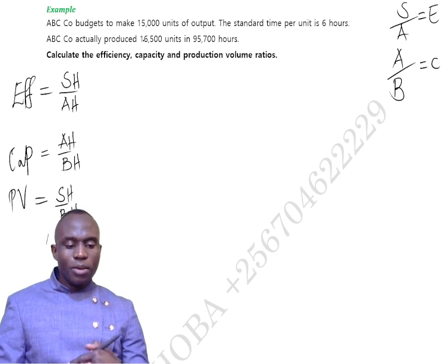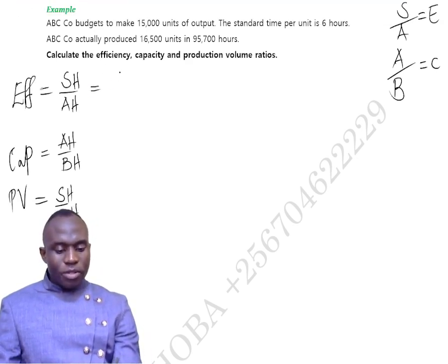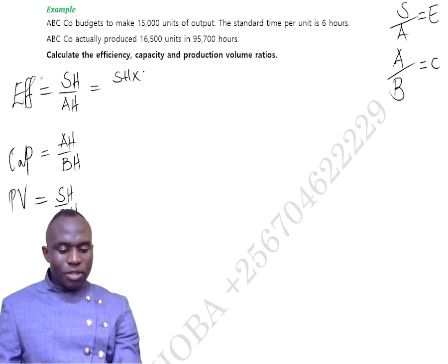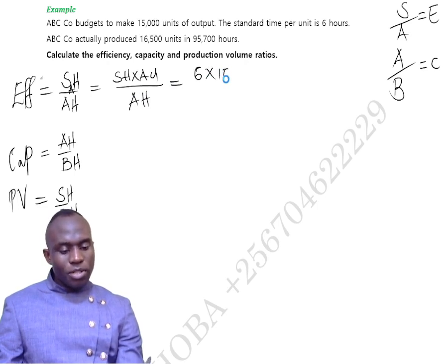Efficiency is standard. And what is standard? We said standard is standard hours for actual units. So I told you, you put A here to help you remember, divide by actual hours. So what is the standard? Standard time per unit is 6, but we actually produced 16,500.